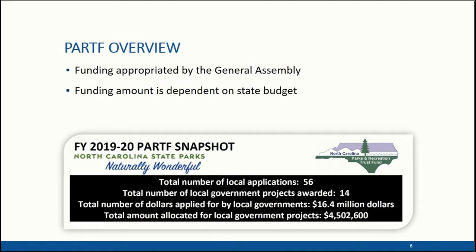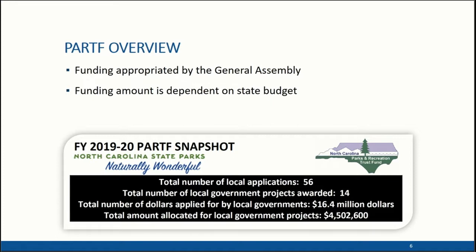Also, a lot of folks ask where PARTF funding comes from. The money is appropriated by the General Assembly. The funding amount is dependent on the state budget. This past year, for example, we had 56 applications. Those applications requested $16.4 million in assistance from PARTF, but we only had $4.5 million available to award.